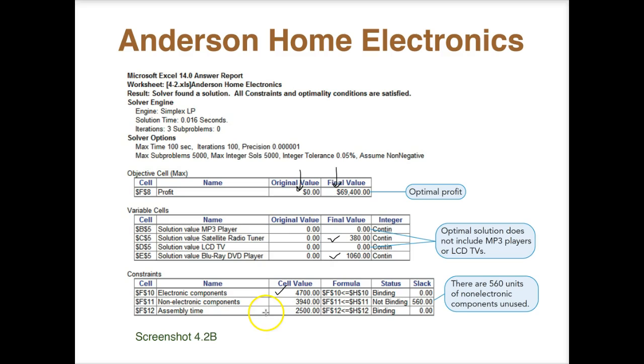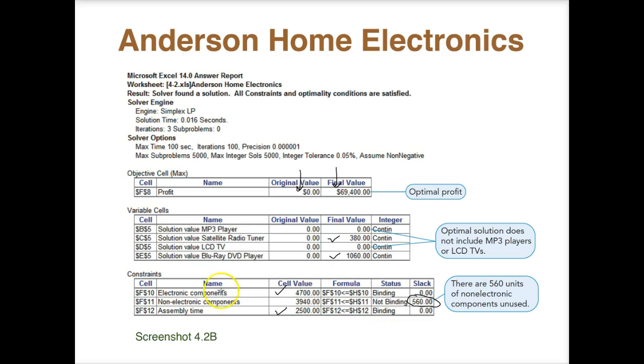We also see that we have used up all of our assembly time. But notice that for the non-electronic components, we have some slack. In other words, we did not use all of them up. So this is what we call a non-binding constraint.